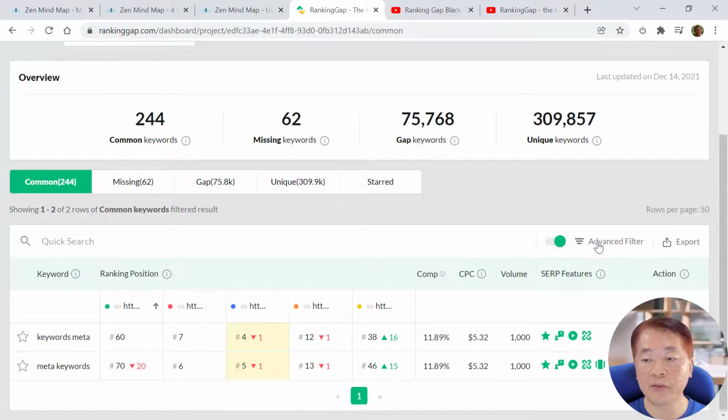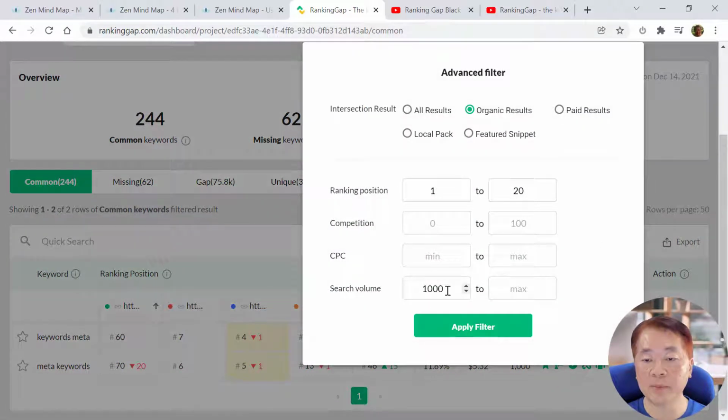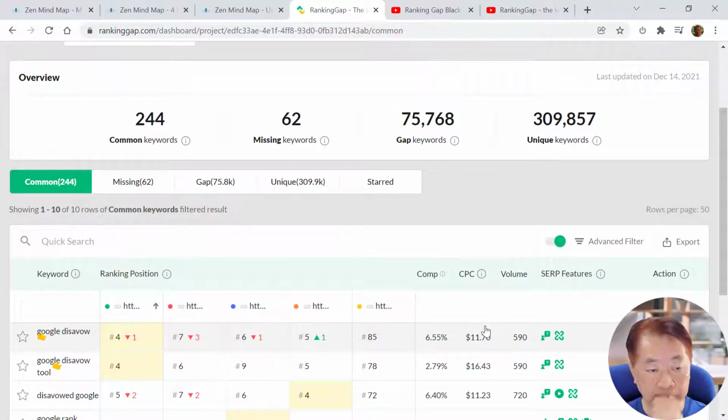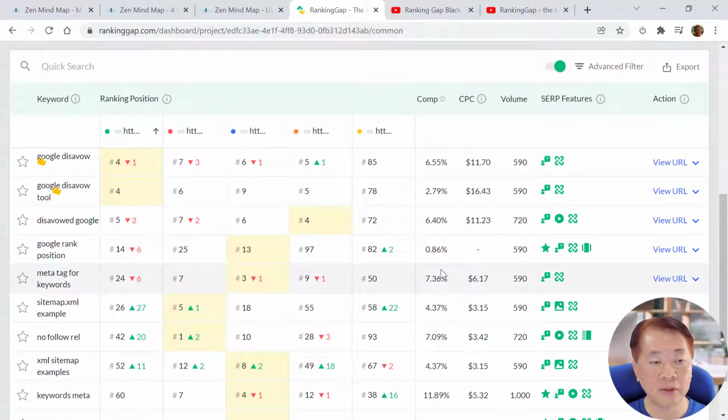So just now we had filtered it. We don't want to filter it. Maybe we put 500 because 1,000 could be too high. Okay, so we need to check back which keywords you need to optimize, as well as to improve the content. Very simple.